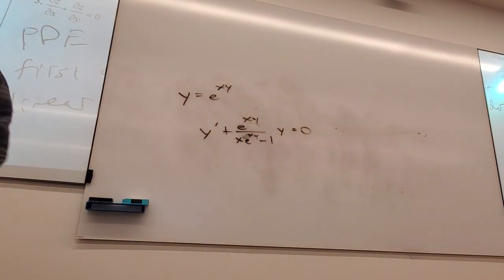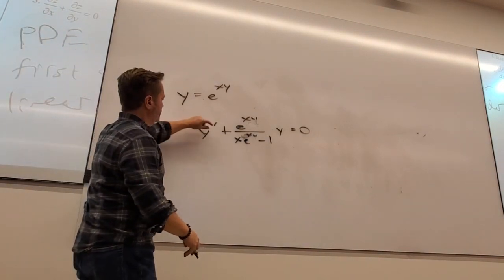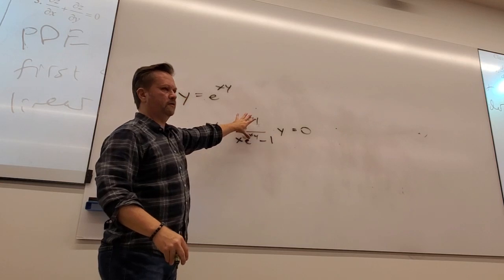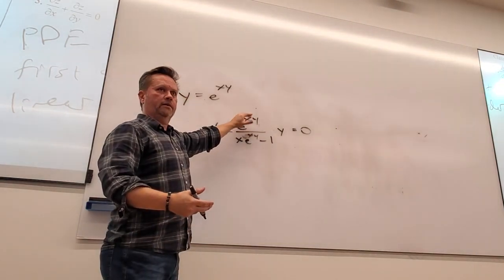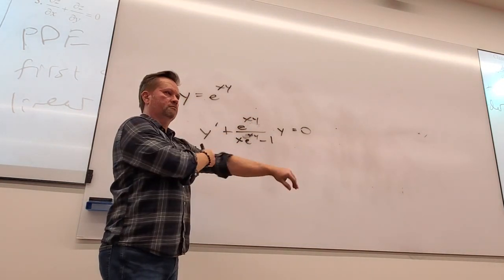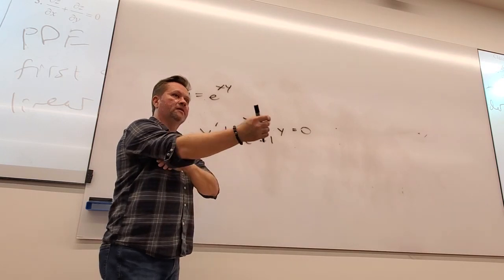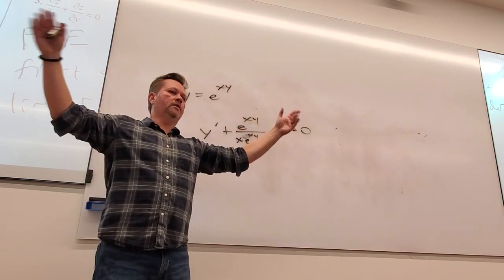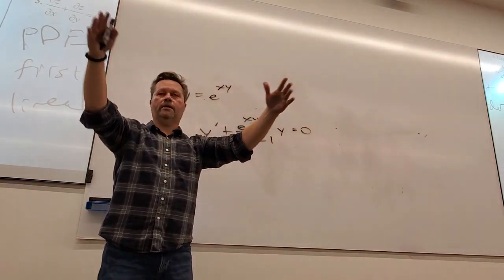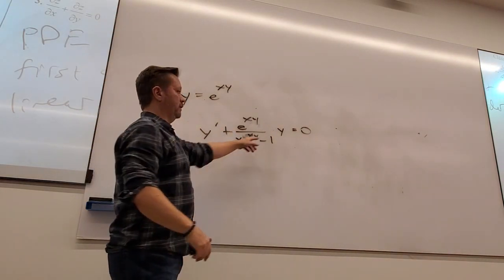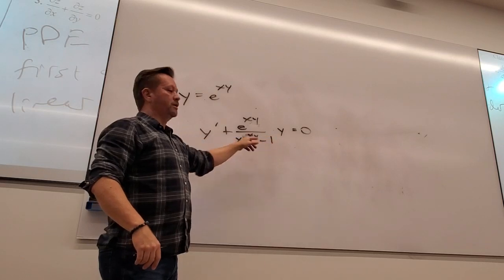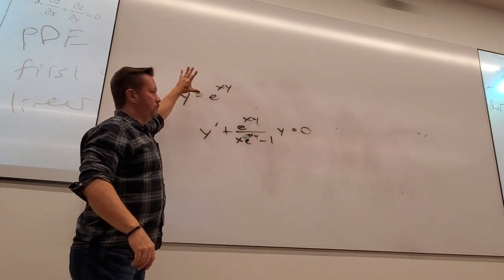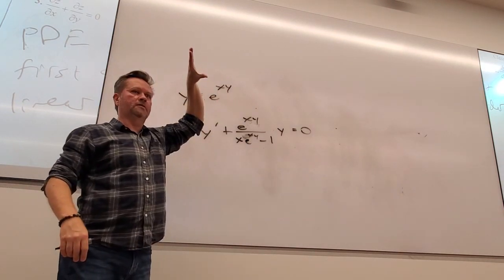I wrote it out on purpose, so it looks like dy/dx plus function times y equals 0. Now this function is not just a function of x, correct? So that's why this is not linear, is it? But just being not linear doesn't mean a damn thing. It just means more than likely it's a little harder. Now I agree, this would be disgusting trying to solve this, but now that's the solution. If you plug this in there, it works.